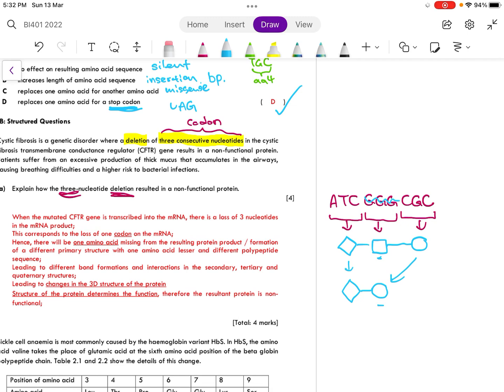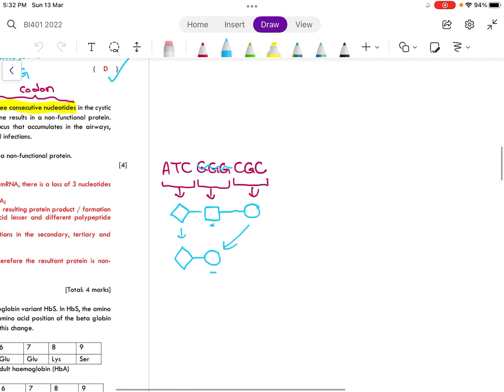Okay, so what does it mean by a frameshift mutation? A frameshift mutation means that our reading frame has changed. Okay, what do I mean by that? We look at the same sequence of DNA here, first codon, second codon, and third codon. Let's say rather than deleting 3 nucleotides, I delete just 1 nucleotide.